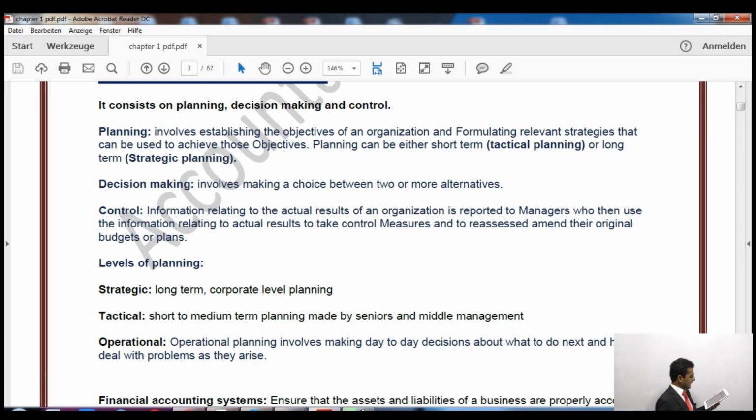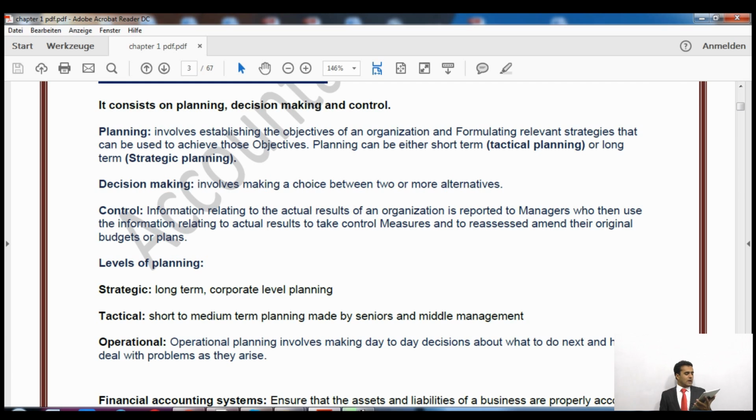Now, what is planning? Planning can be done in different ways. So there will be tactical planning, strategic planning, and operational planning as well. We will see in a minute. When we finish this, the planning could be of three different ways. Now, what is it? It involves establishing the objectives of an organization and formulating relevant strategies. So first you have to define an objective of your organization.